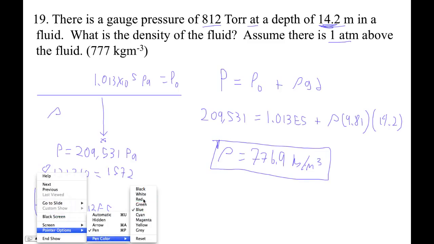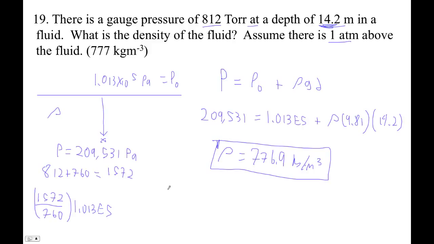Way number two is to say, if the gauge pressure is 812 torr, the gauge pressure simply is equal to rho g h, right? So I'm going to go 812 divided by 760 times 1.013 E5. That's simply rho times 9.81 times 14.2.